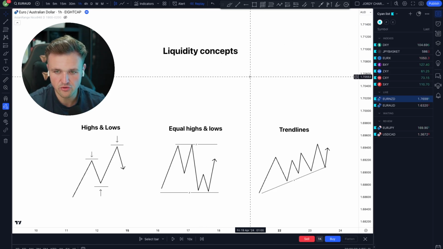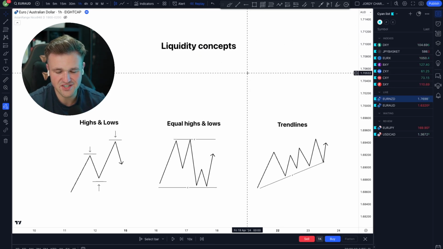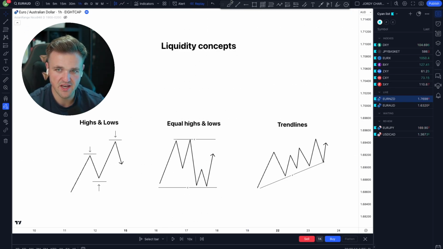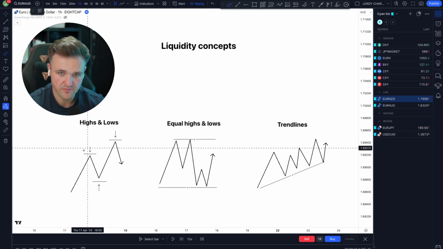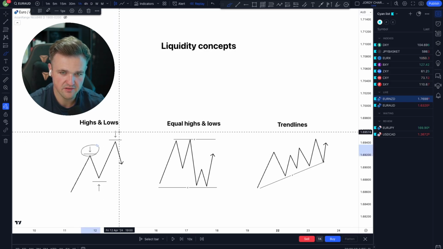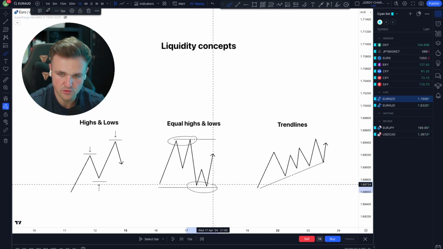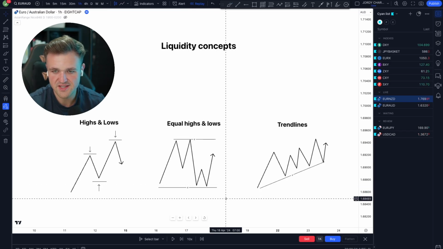Now, if we want to move a bit more advanced, it's actually quite easy. We have equal highs and lows. It makes sense because one high is going to have a lot of liquidity behind it, then we have a next high. If we have two highs or two lows or three highs and three lows, it's only going to get stronger because we are actually accumulating buy stops or sell stops, because a lot of people are buying or selling at that point.